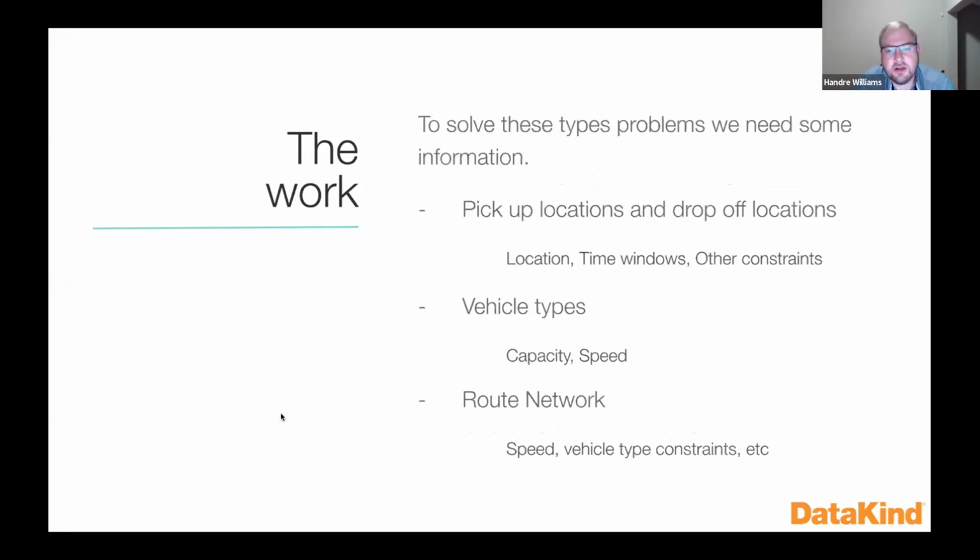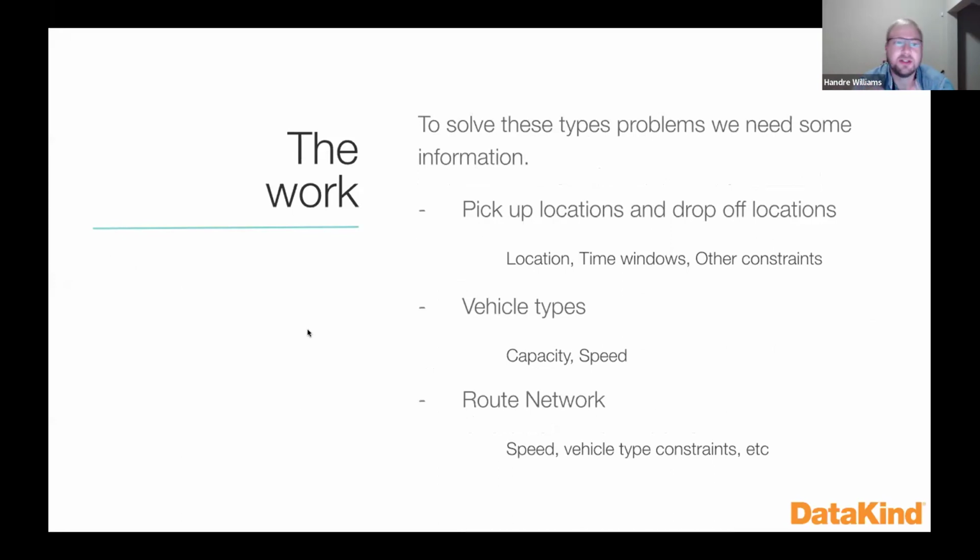So to solve these types of problems, we need information about our pickup locations, the drop-off locations, and then also the route network. We need a location where we need to pick it up, when we can pick it up.